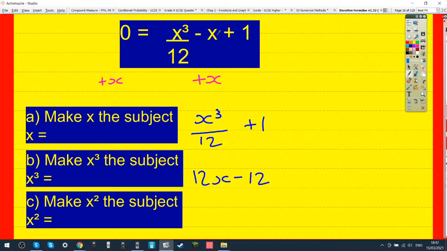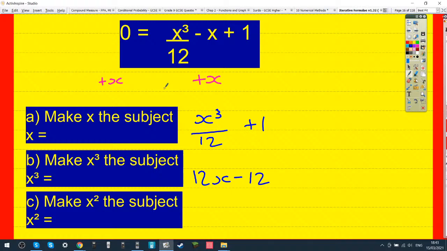You would have to multiply everything by 12, all three of them. And then the tricky one last: make x squared the subject. Would we first make x cubed the subject, which would be 12x minus 12? Then I think you root that and then square that, or oh yeah, just square that.